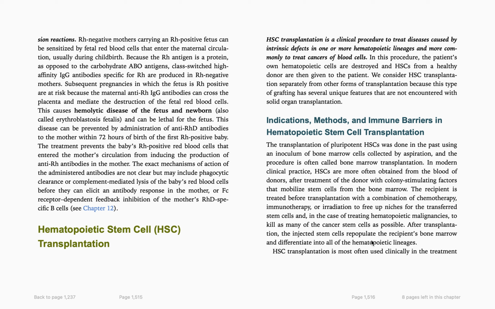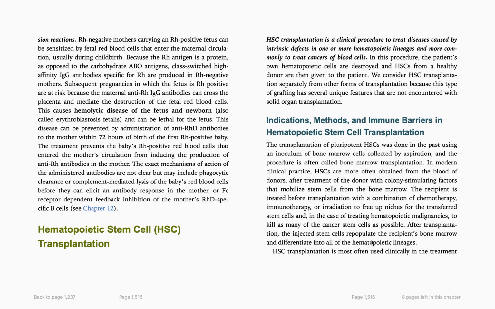This disease can be prevented by administration of anti-RHD antibodies to the mother within 72 hours of the birth of the first Rh positive baby. The treatment prevents the baby's Rh positive red blood cells that enter the mother's circulation from inducing the production of anti-Rh antibodies in the mother.